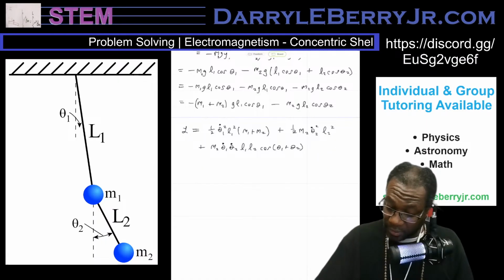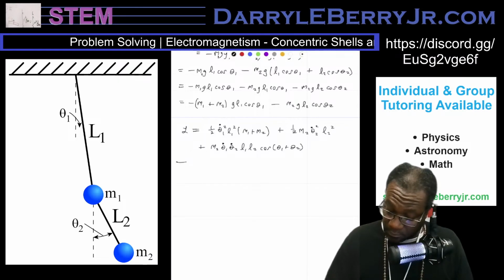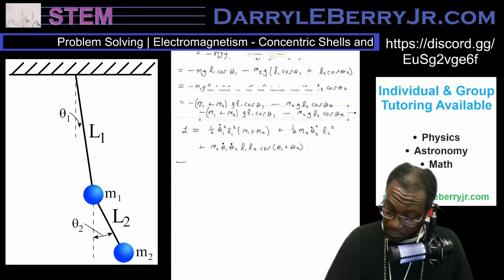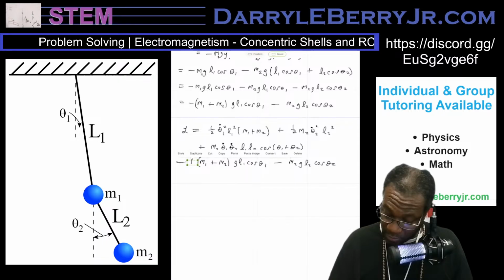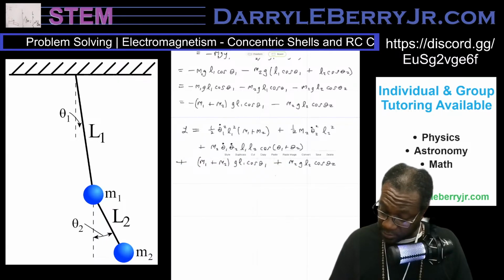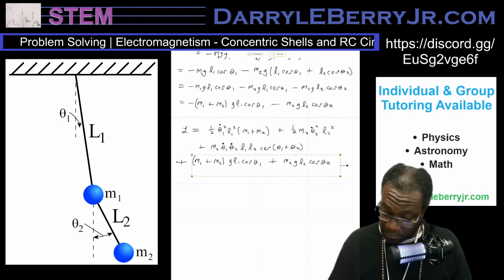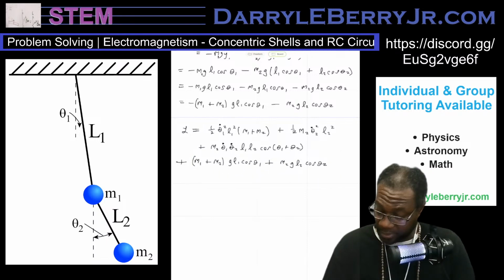Now we have minus V. Be a plus there, and a plus there. Right, so we have that.